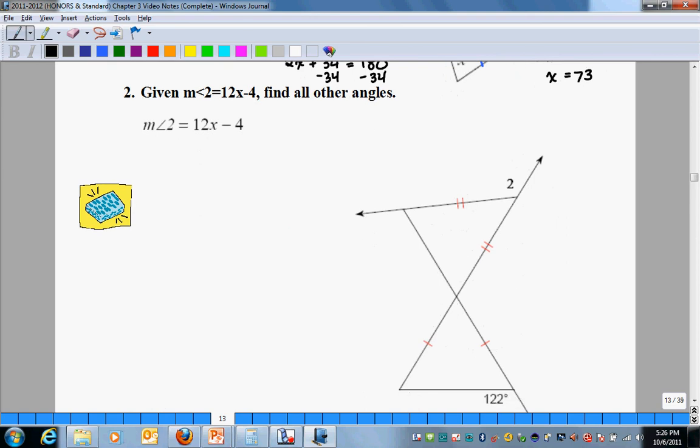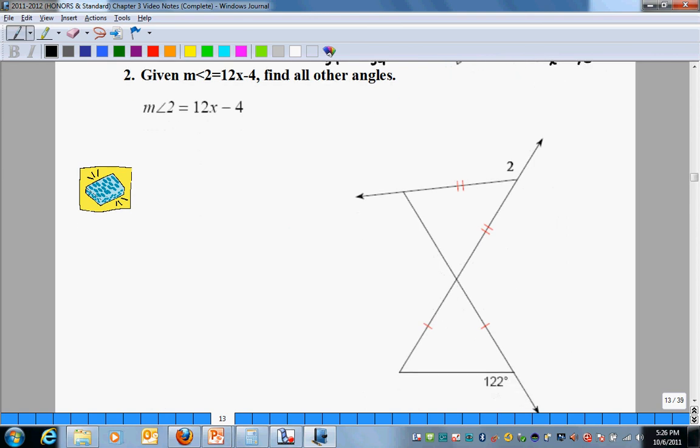Let's try this one here. This one says, given that this right here, angle 2, is going to be 12x minus 4, find anything and everything that you can find. Step 1 is to follow the hatch marks. So I'm going to draw an arrow.